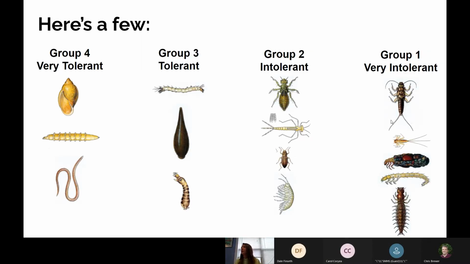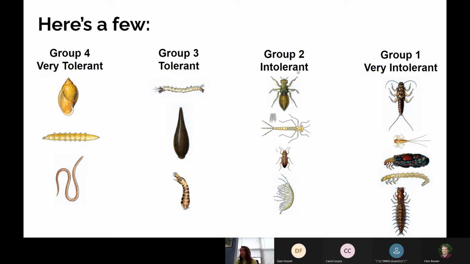So a few of the macroinvertebrates that we might see in a stream, some of our ones that are very, very tolerant of pollution are going to be things like the pouch snail, this horsefly larva, and a tubifex worm. Some in our next group, so group 3, they're a little less tolerant, are going to be a midge, a leech, and a black fly larva.